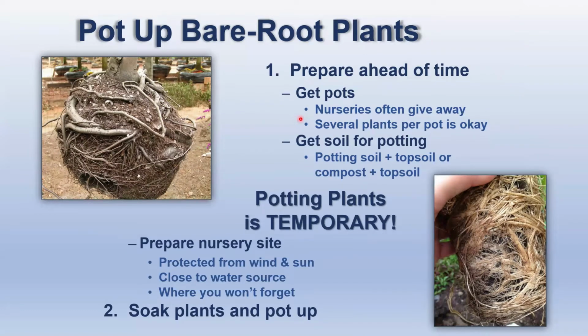Oftentimes you can get them for free, and you just want to wash them out. And make sure that if you're potting them up, or if you're going to heal them in, that you have proper topsoil or sawdust shavings, or just the materials to get them into their home or temporary home right away.